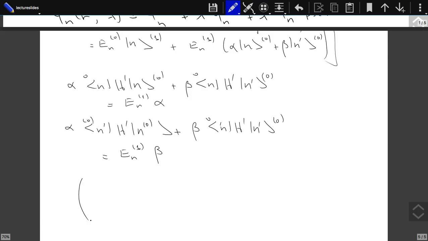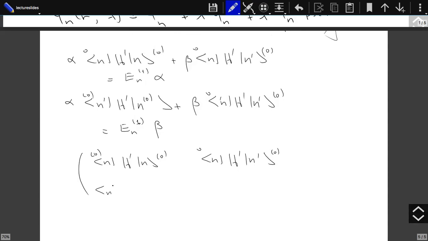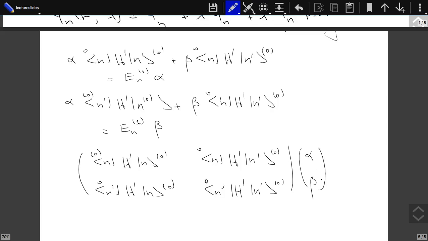Now let's write this in this form: the 2 by 2 matrix with entries ⟨n0|H'|n0⟩, ⟨n0|H'|n'0⟩, ⟨n'0|H'|n0⟩, ⟨n'0|H'|n'0⟩, multiplied with alpha and beta, is equal to En1 times alpha and beta.